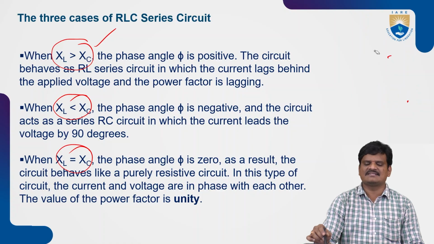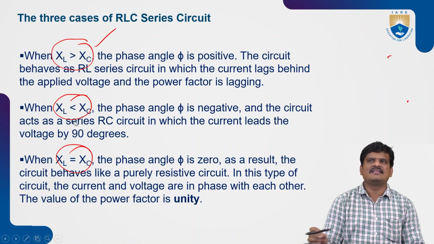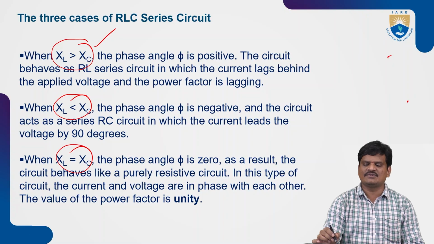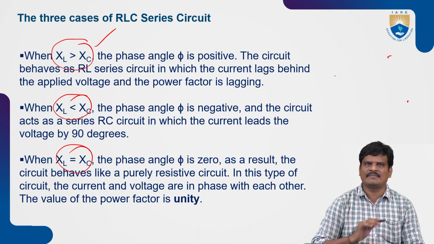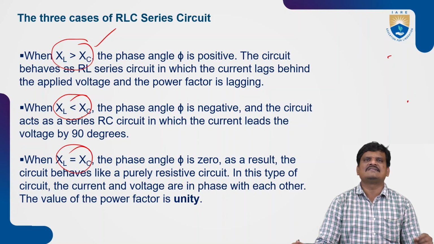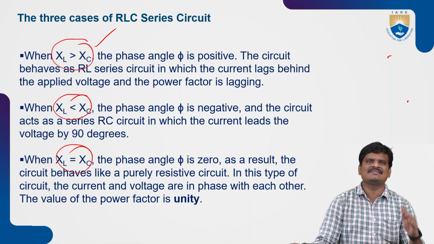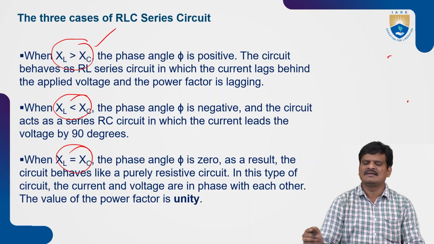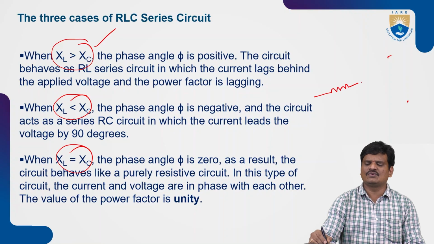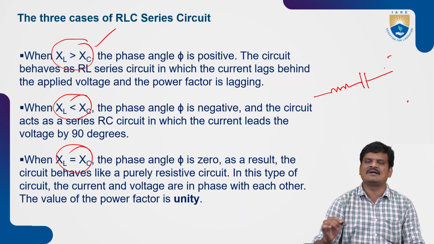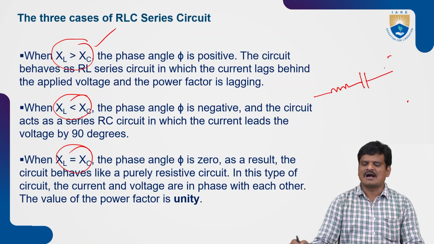Coming to the next case, XL less than XC. That is, the inductive reactance offered by the circuit is much less than the value of capacitive reactance. If the capacitive reactance connected in the circuit is much greater than the other reactance, then the circuit formed will be a purely RC circuit.